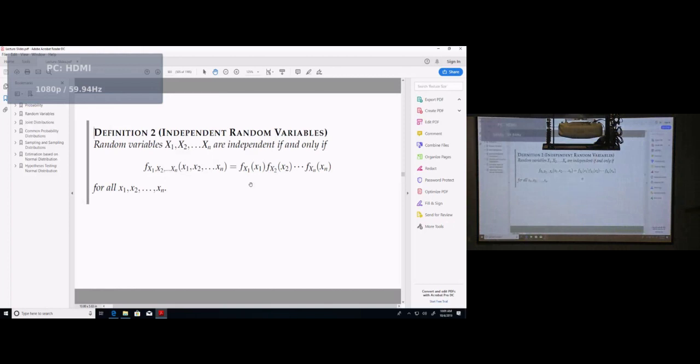Okay, so let's illustrate some examples. A caution here is that this is an equal sign for all choices of the x values. So even though I have one simple equality to check, in fact there are many of them. You have to check through all the small x1, small x2, up to small xn.